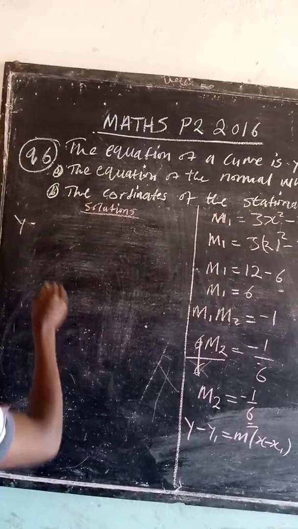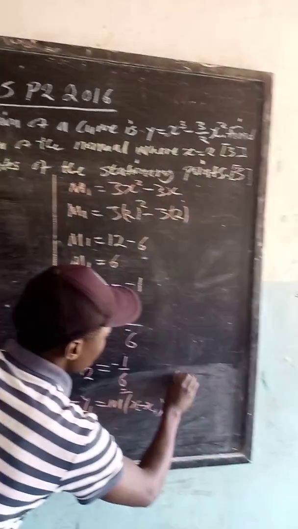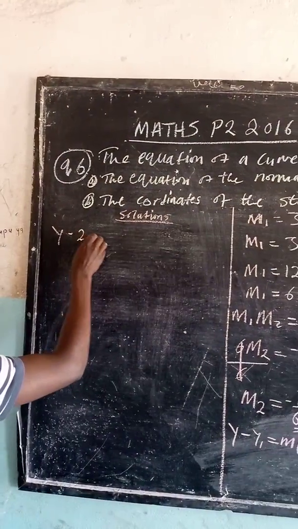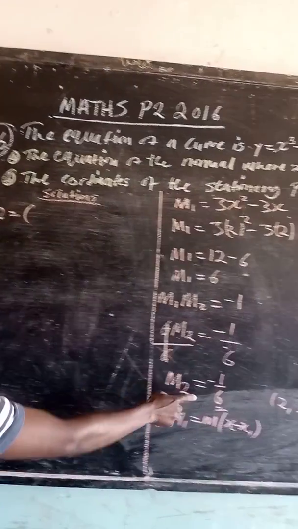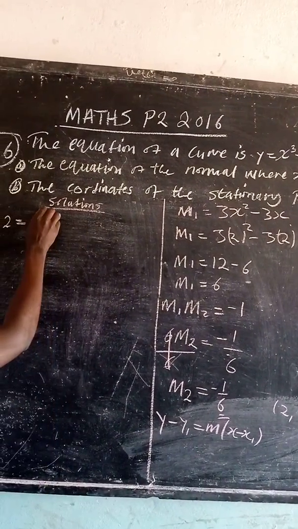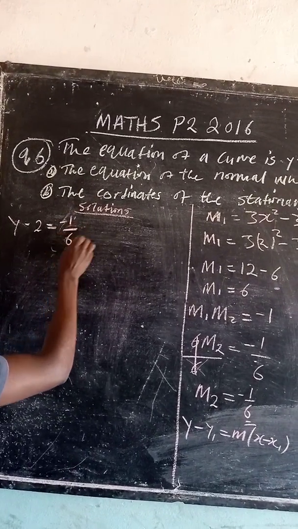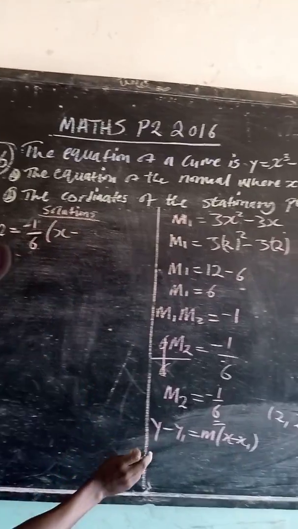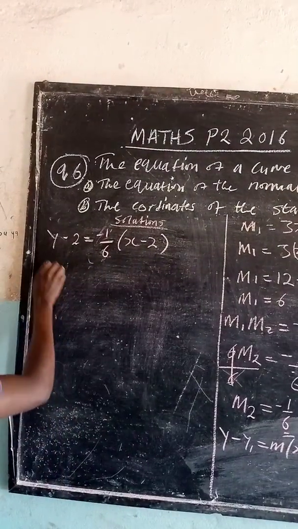So where there is y1, we put our y coordinate, which is 2, is equal to our m2, which is the gradient. So we do this, x minus x1, which is 2, and we do this.